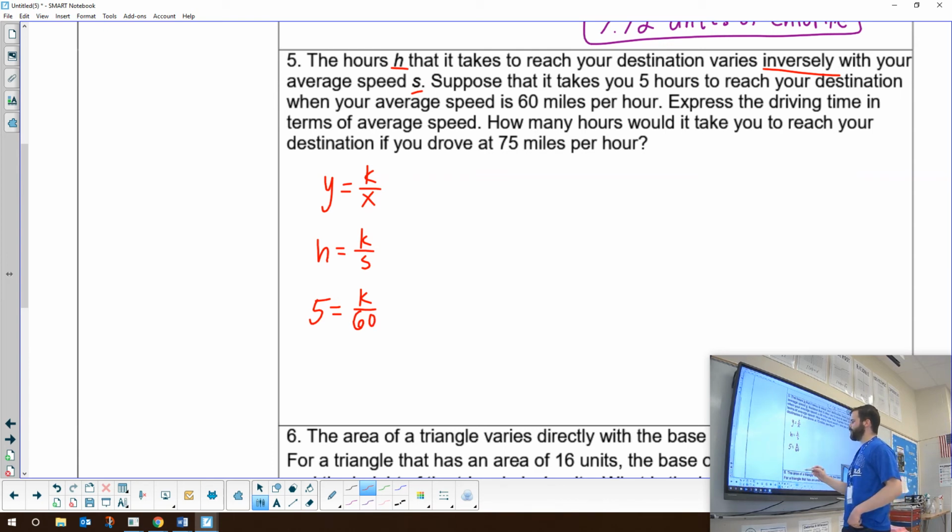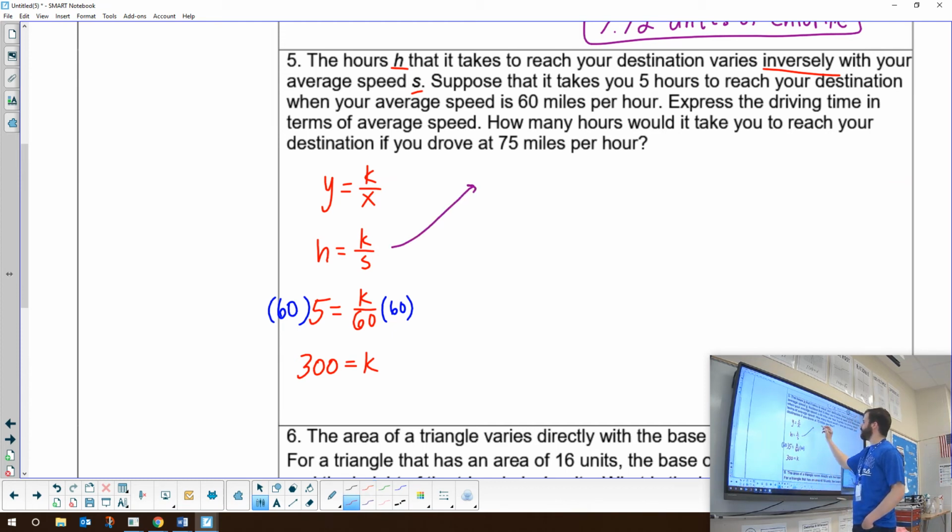Just multiply both sides by 60, and you get 300. So my constant of variation is 300. So I can rewrite my equation. And instead of having just k, we're going to go h equals 300 over s.